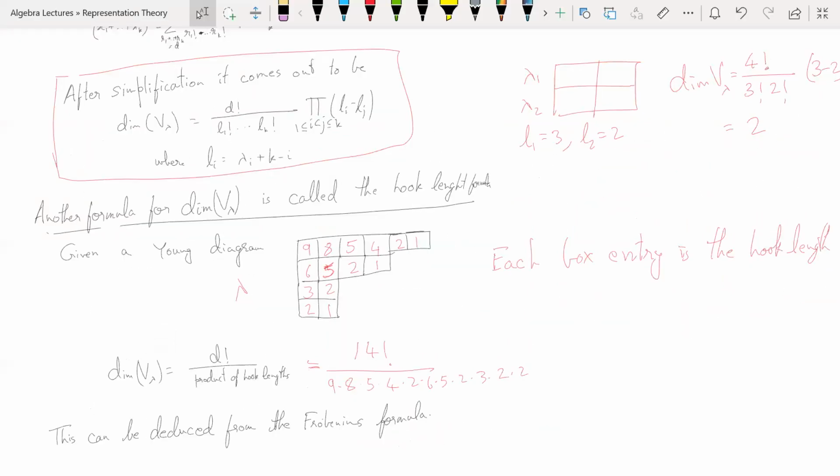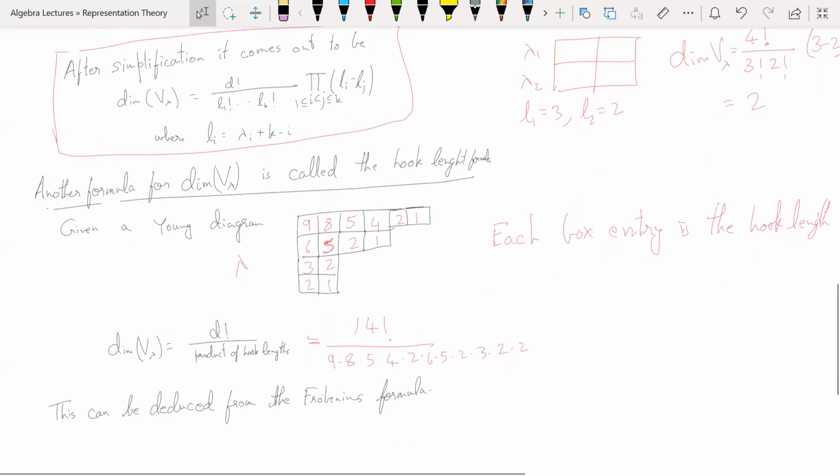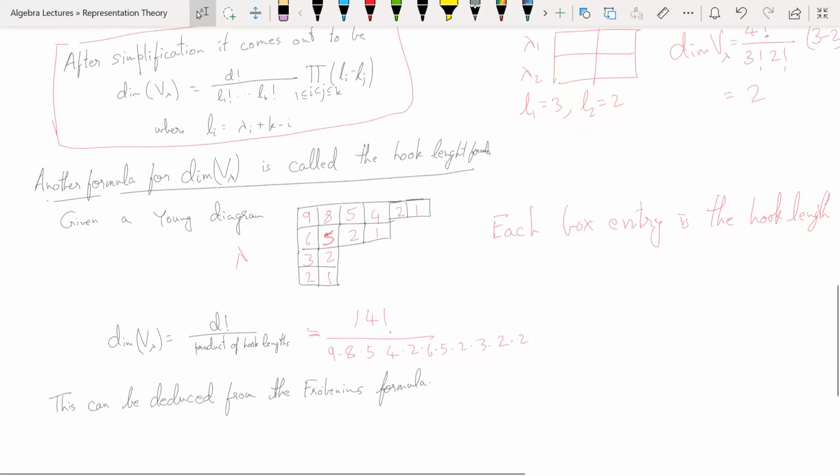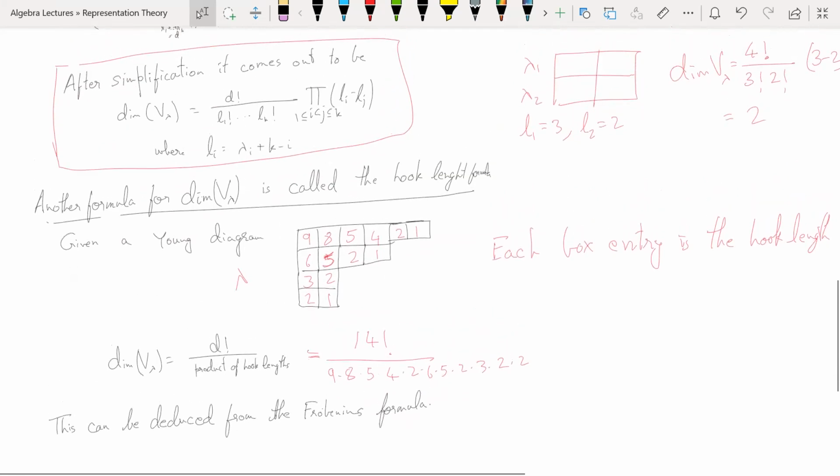The reason it follows is, let's try to see. In this case, what is Li? Maybe K is 4. And what is L1?